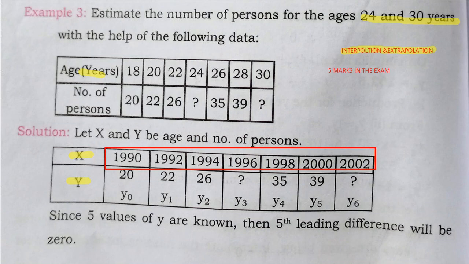Don't consider this and don't get confused. We have to consider 18, 20, 22, 24, 26, 28 and 30; these all are the ages, but here they have given years. In the textbook also they have given it wrong.